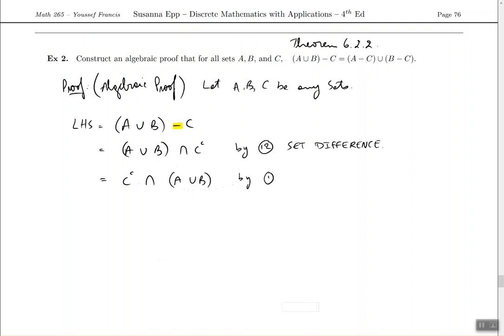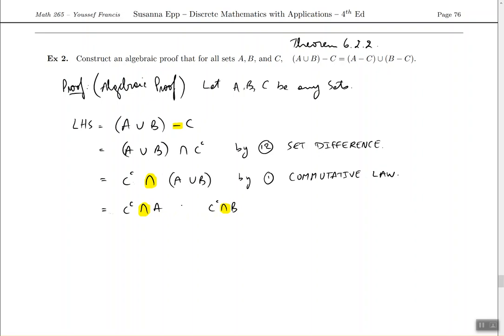This is by 1, which is the commutative property. Okay, so I wanted to do that because next what I'm going to do is distribute the C complement to the A and then distribute the C complement to the B. And keep in mind there was an intersection on the outside. That's why there's an intersection between A and C complement and then B and C complement.